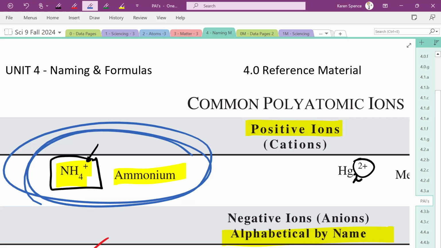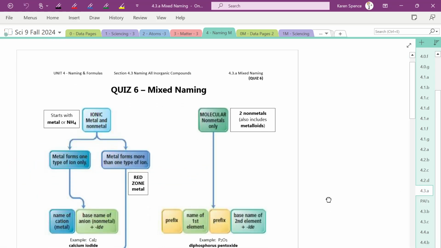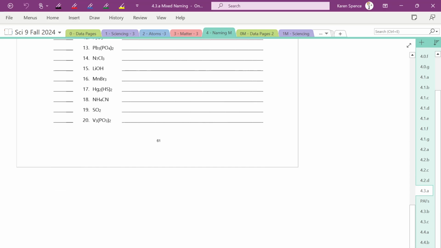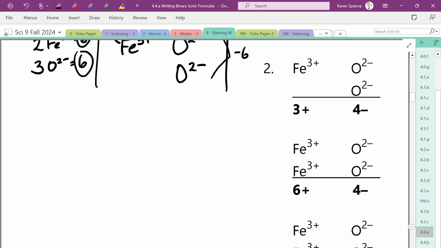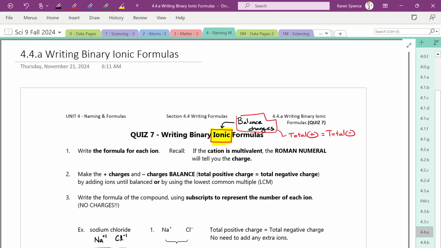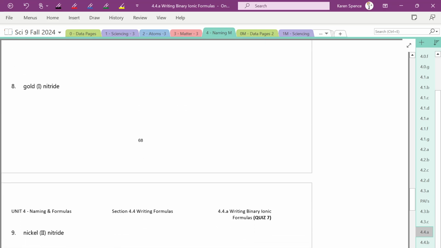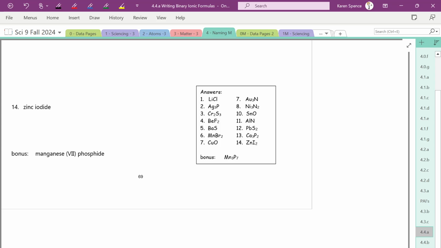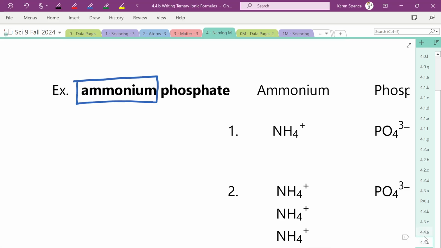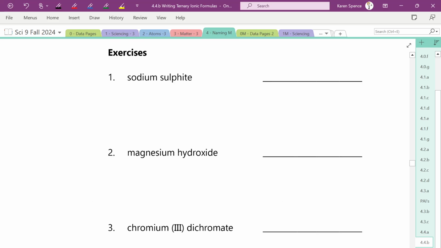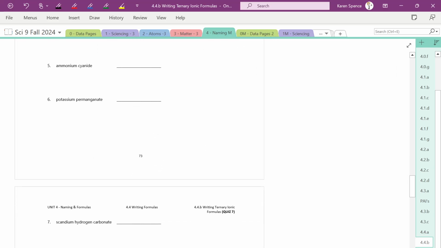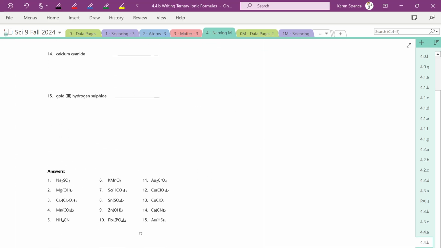So you could work on pages, not that one, 67, 68, 69, and also 73, 74, 75.